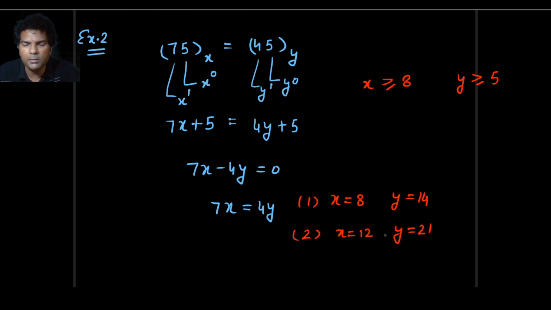Suppose it is a multiple choice question, and if an option is given like x is equal to 8, y is equal to 14, then that would be the correct option. If an option is given x is equal to 12, y is equal to 21, then this will be the correct option. If both options are there in the multiple choice, then both options are correct.